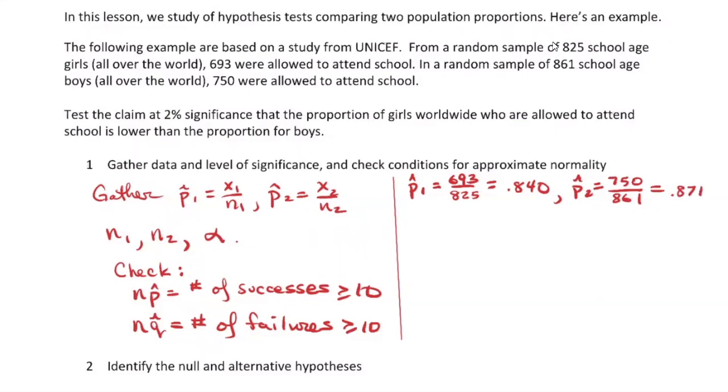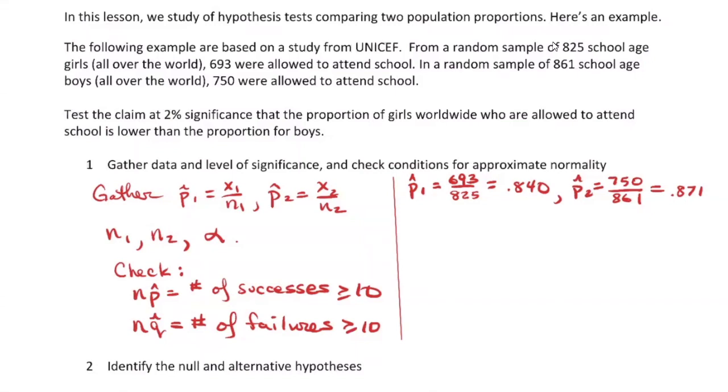So that is a little higher proportion for boys going to school. But again, this is not an entire population. These are samples, and samples include error. So you have to take these numbers with a grain of salt. They are from samples, so it's not necessarily proof yet.